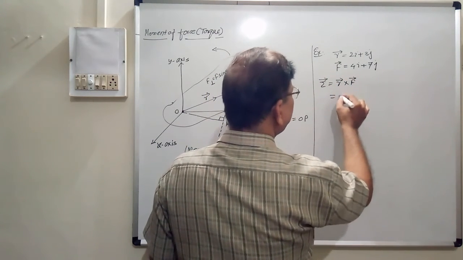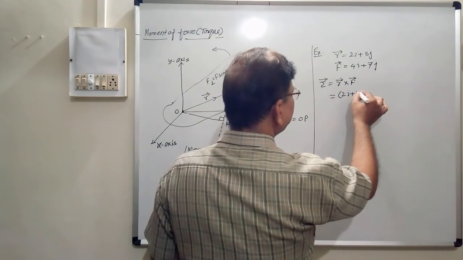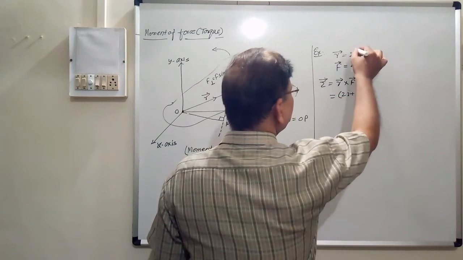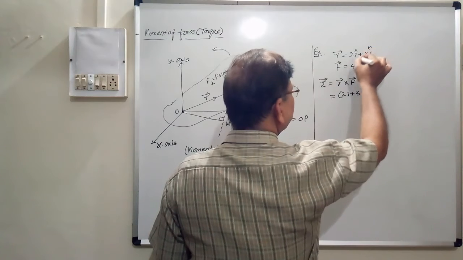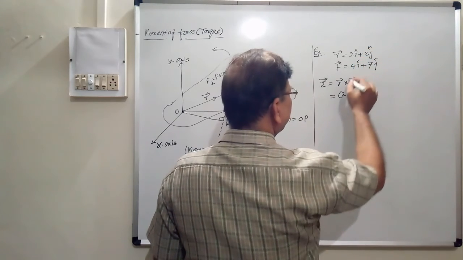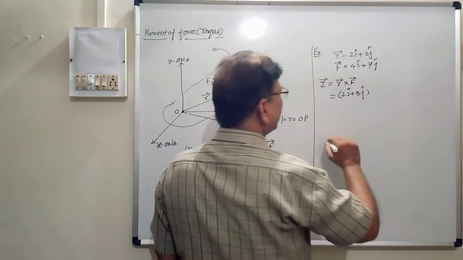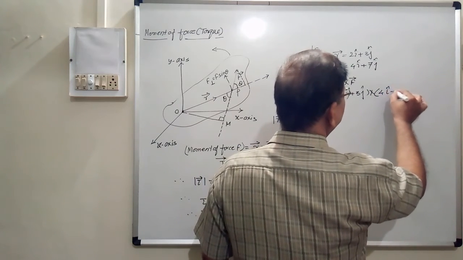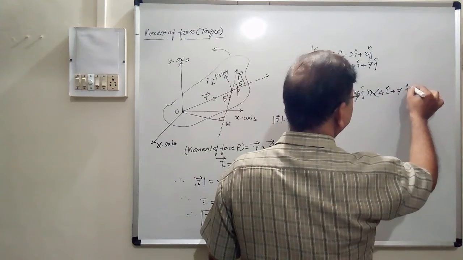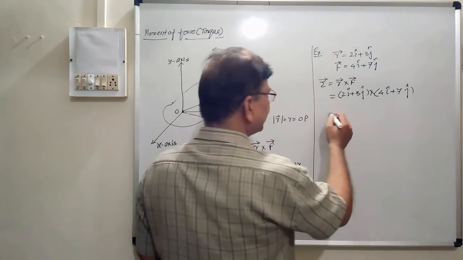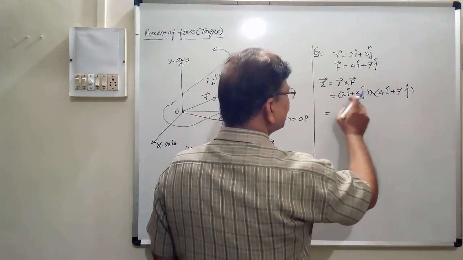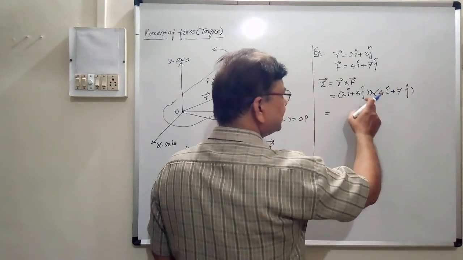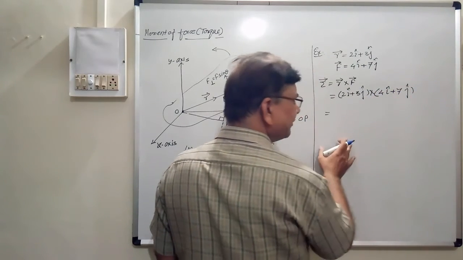So tau, we know, is r cross F. We can write r as 2i plus 3j. Of course, these are unit vectors, so we should put a cap at the top. And cross F is 4i plus 7j. We will take the cross product, which we have already studied. So i cross i will be 0, j cross j will become 0.